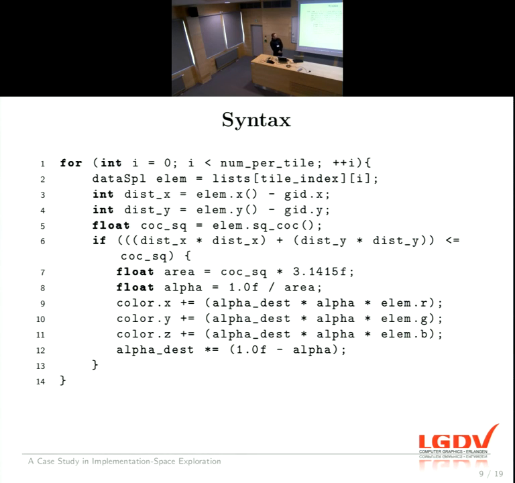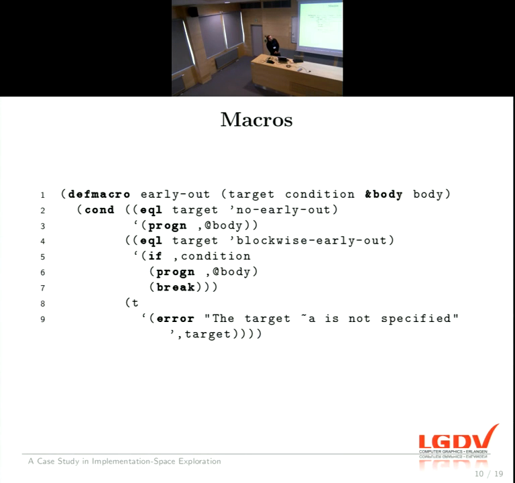And now we want to introduce our variations for this code. The first idea is to try some sort of macro and to introduce these variations. One possibility is, for example, this one, where we tried to introduce the early out variation. The idea behind this is that we simply pass in the body, and depending on the target, we get different implementations.